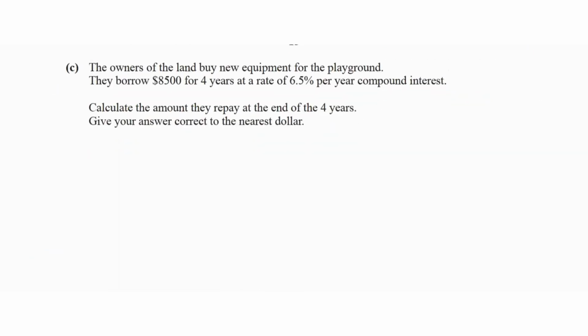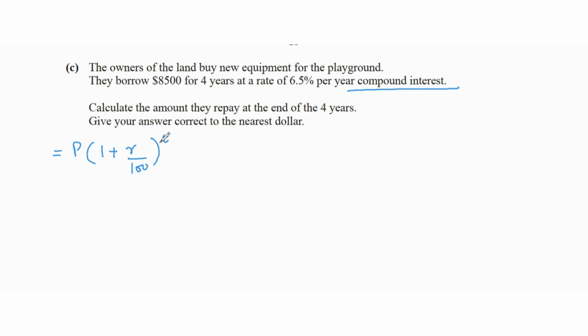Part C says the owners of the land buy new equipment for the playground. They borrow $8,500 for 4 years at a rate of 6.5% per year compound interest. Calculate the amount they repay at the end of the 4 years. Compound interest has a formula of P times (1 plus R over 100) to the power of T. P is your initial amount, R is your interest rate, and T is your time.